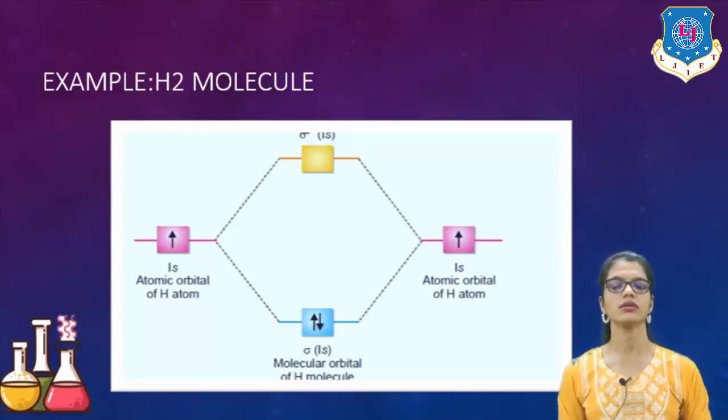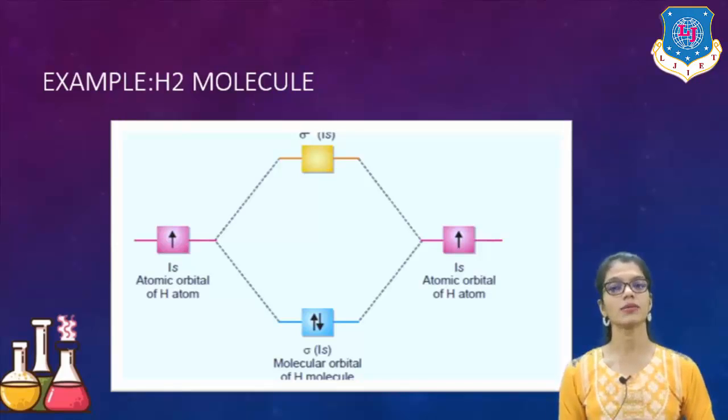As you can see, the pink color boxes are 1s atomic orbitals. So one electron is there in each, as the electronic configuration of hydrogen is 1s1. So you can see it here. Now, in sigma 1s you can see two different orbitals. First, the lower energy orbital is to be filled first.